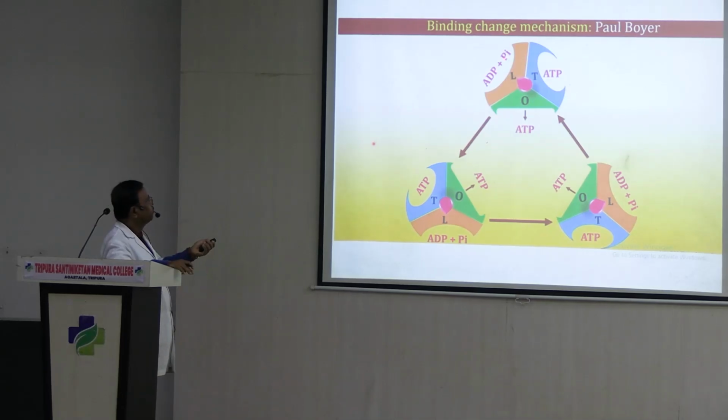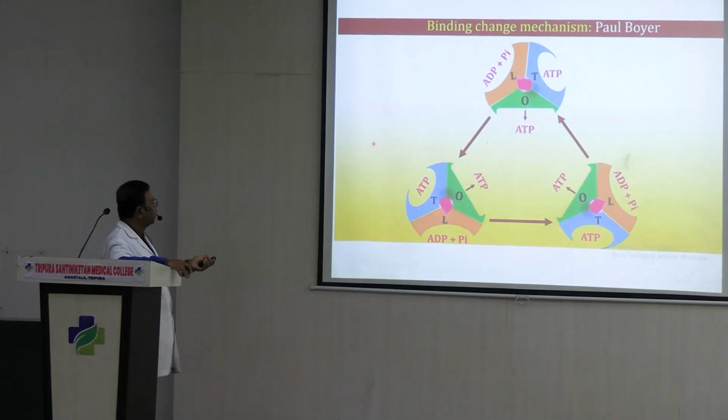So ADP and PI, it is tightly bound here, and there is catalysis of the reaction and the ATP is formed. Just for understanding purpose, we are considering this subunit.